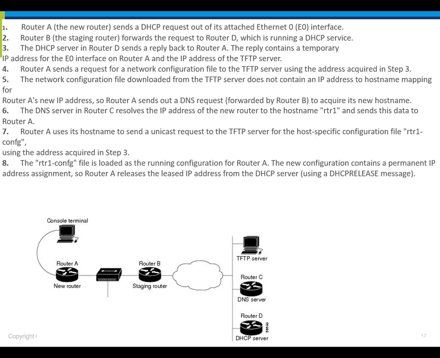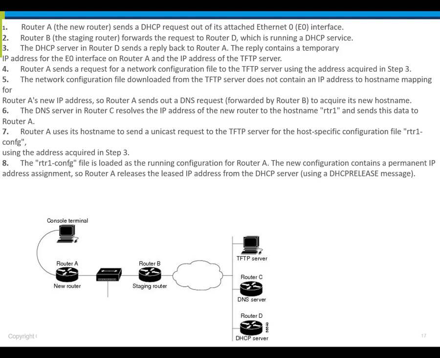Router A down here is the new router. It sends a DHCP request to its attached Ethernet 0 interface. Let me get this pen going and we'll do some drawing of what's going on with this thing.